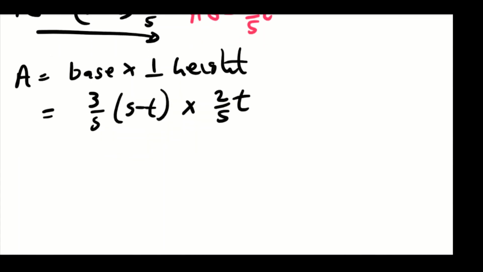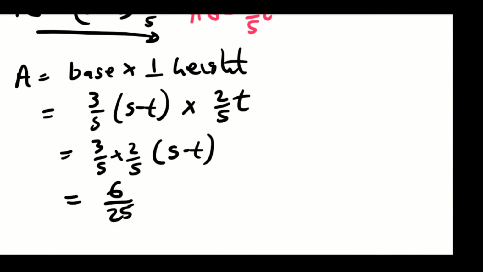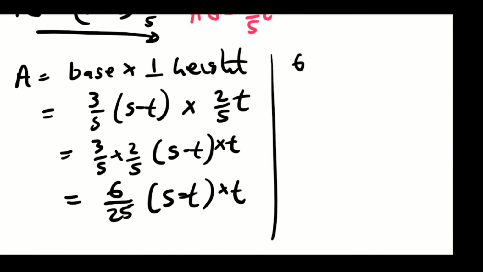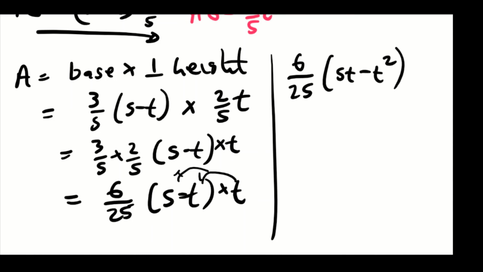So we're going to have 3 over 5 times 2 over 5 into 5 minus t, which is equal to 6 over 25 into 5 minus t. So that is this, and then not forgetting that it's multiplied by t. So the t will multiply everything that is inside, so it's going to be 5t minus t squared, right?